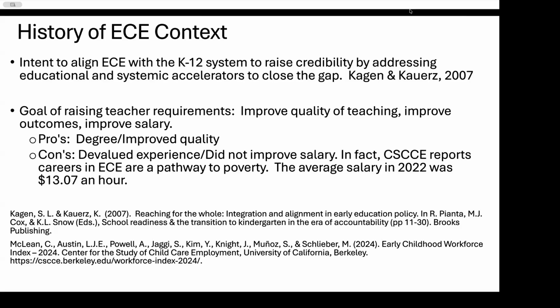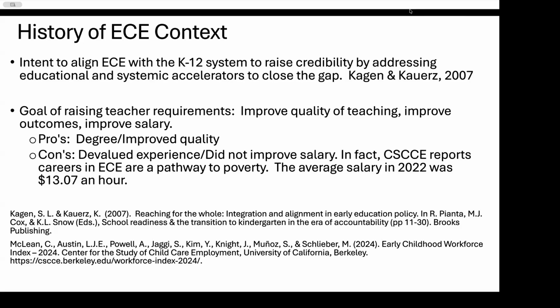And that was done by trying to address both educational and systemic accelerators to basically close the achievement gap. The educational accelerators are typically the business and the federal government's expectations for efficiency and for outcomes. Early childhood also wanted to focus more on being the preparation for education, to address readiness issues.